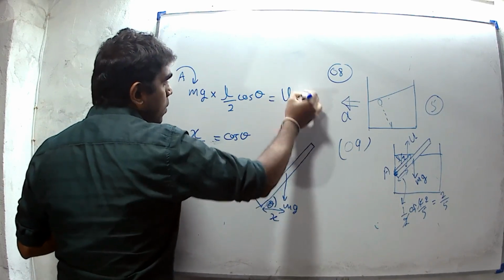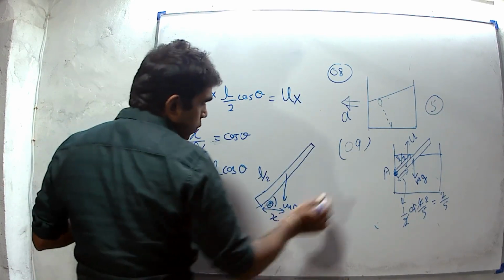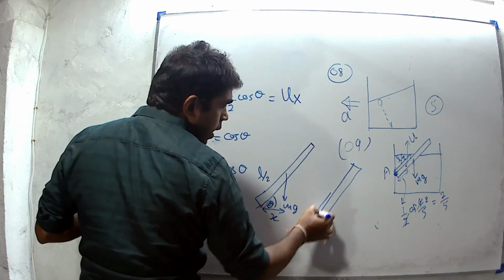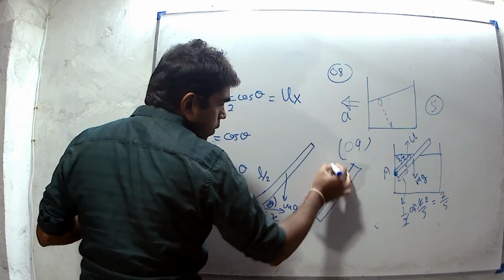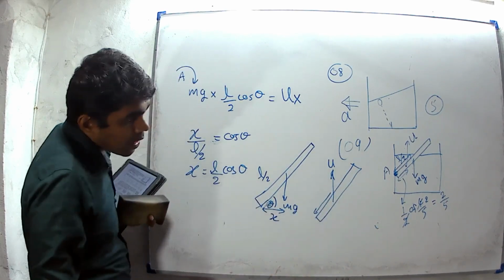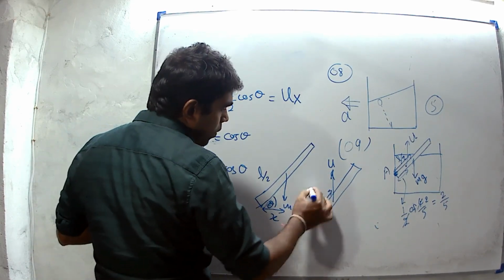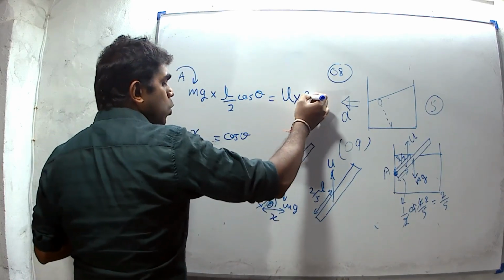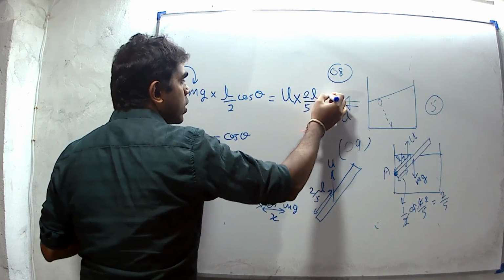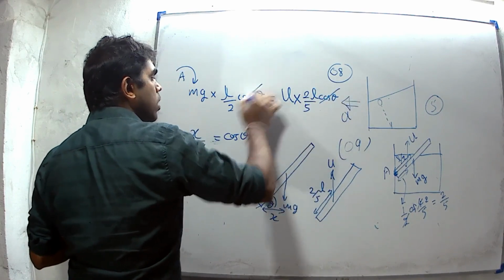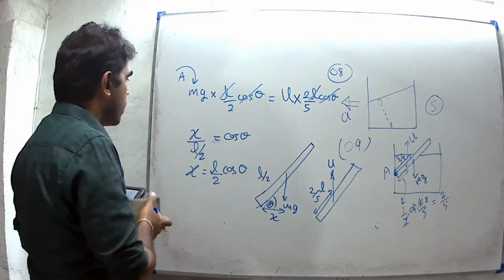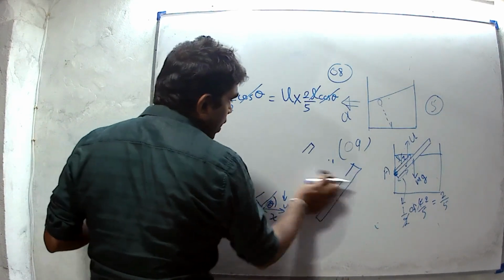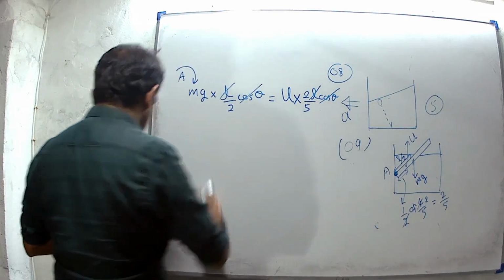It should be equal to the counterclockwise torque. The counterclockwise torque is upthrust into the distance. If the force is upthrust, this length is 2 over 5 of L. Now we use the same method, 2 over 5 L cos theta. We can cancel out L cos theta. Now we have to find the ratio of density.